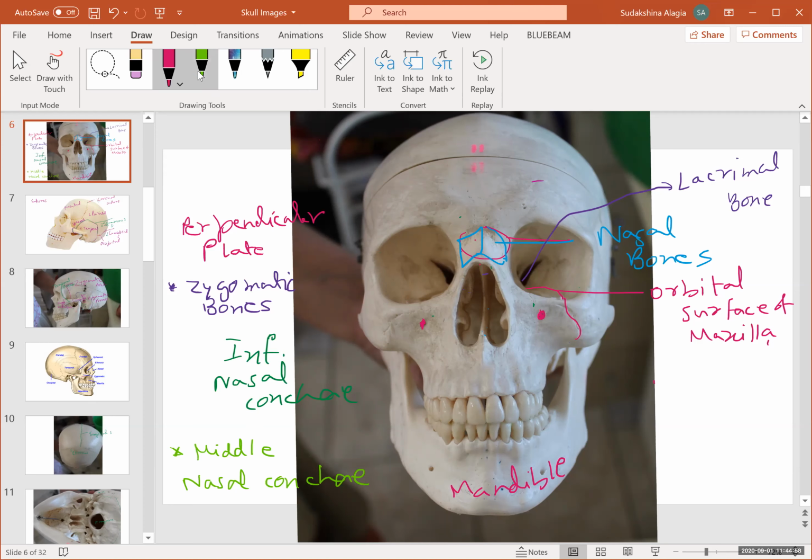Let me change the color. These two are infraorbital. Technically we call it foramina if we are referring to both, foramen if we are looking at a single maxillary bone. I'm just going to write foramina because we are looking at two maxillary bones, one on left, one on right.